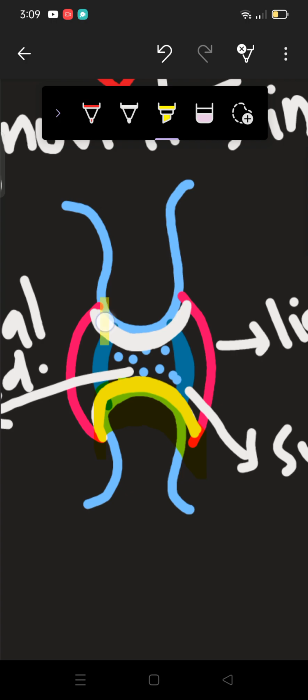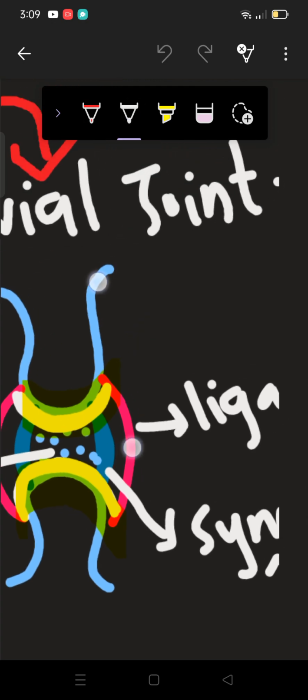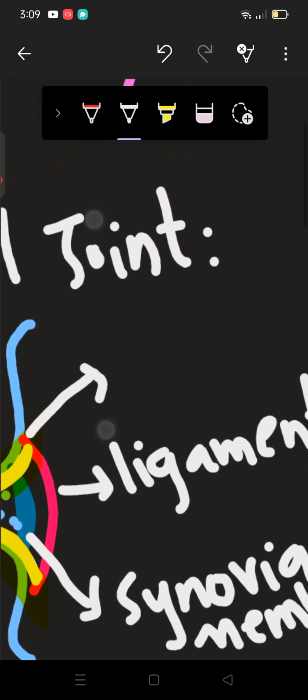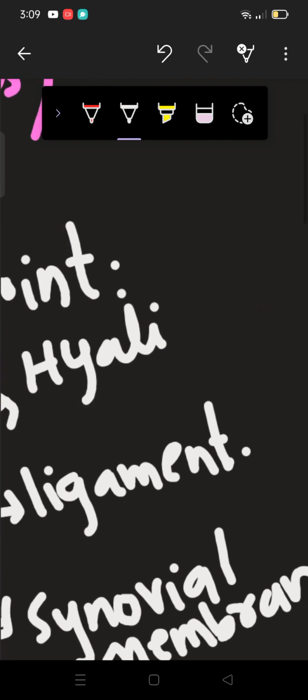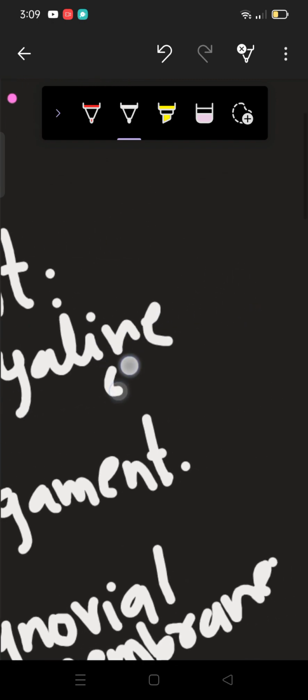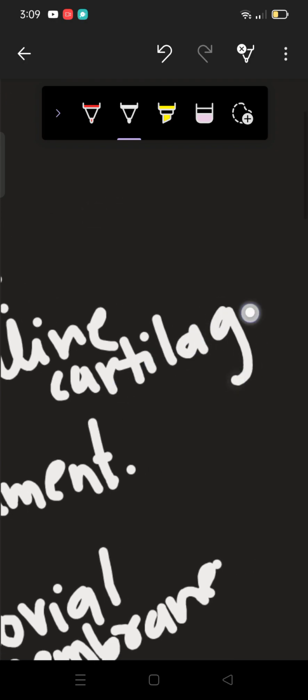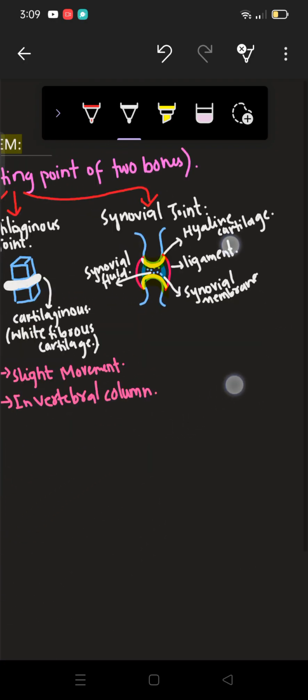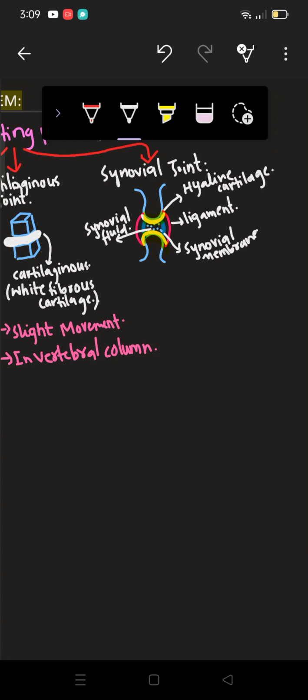This cartilage is what we call the hyaline cartilage. So this is basically the structure of the synovial joint.